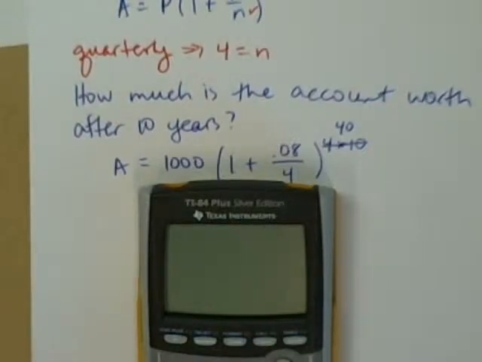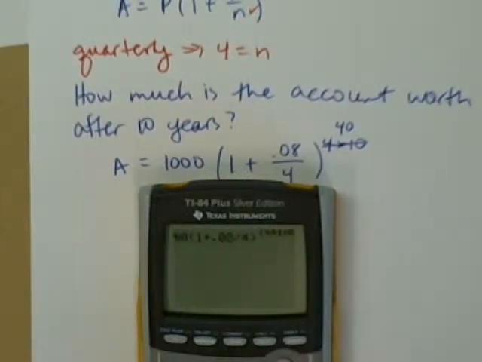As I put this into my calculator, turn it on first, I end up with 1,000 times (1 plus 0.08 divided by 4), all to the, so I'm going to use my caret key, all to the 40. If you were going to type in the 4 and the 10, you should, unless your calculator puts the number up there in the power, use parentheses 4 times 10.